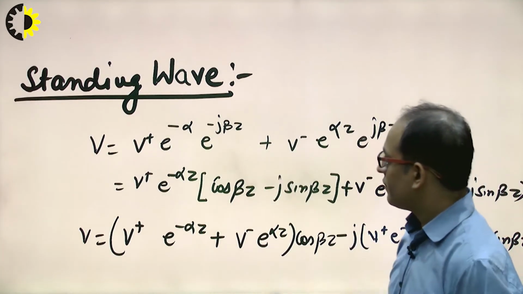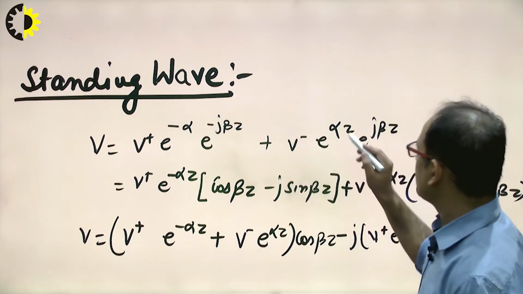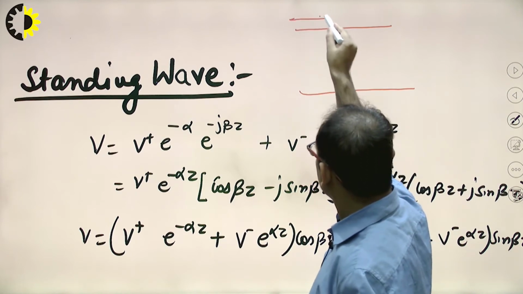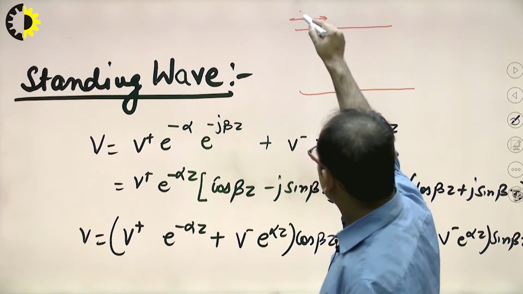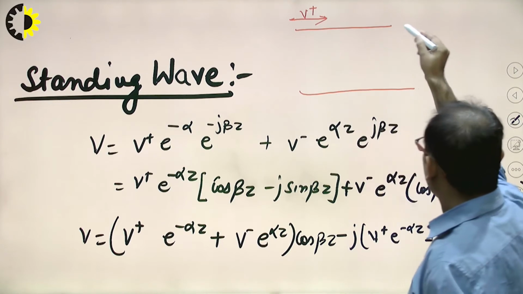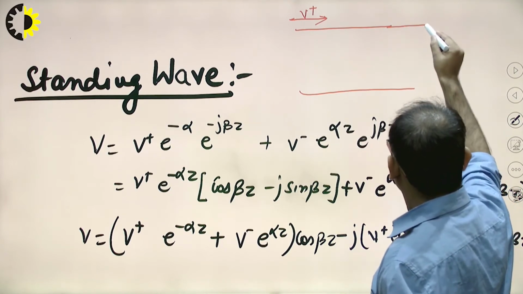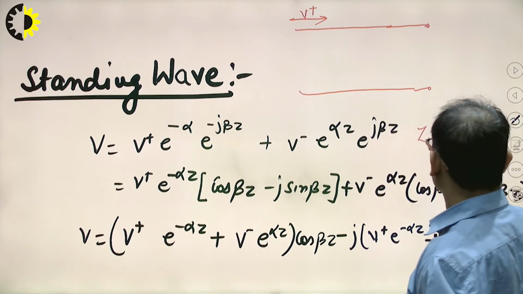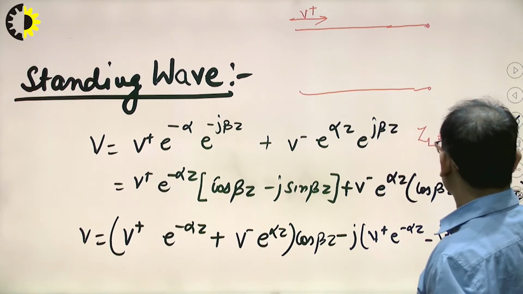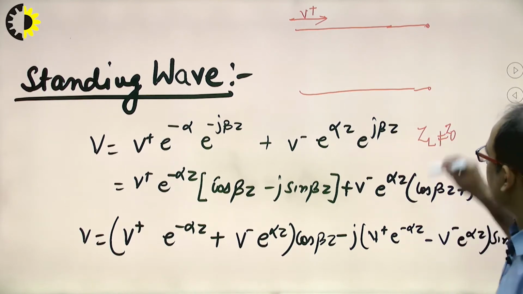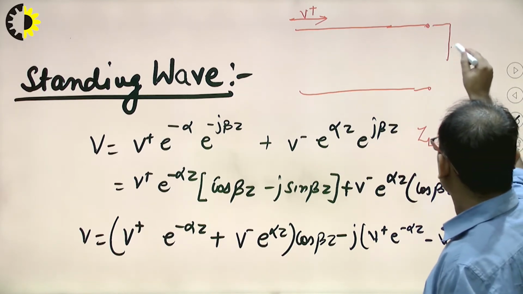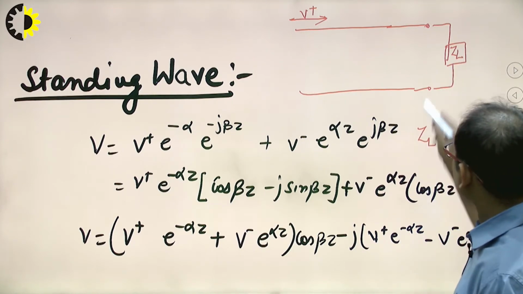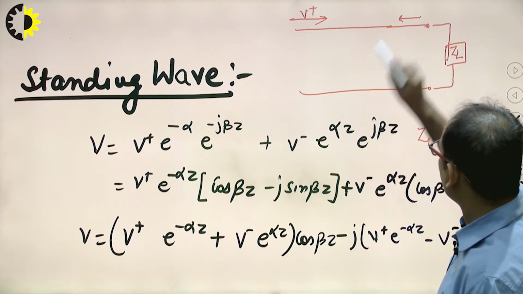Standing wave, what are the standing waves? Let's see. If I say this is a transmission line and the incident wave is denoted by V plus, and at the load when there is imperfect matching, when ZL is not equal to Z naught, due to imperfect matching there will be a reflection.